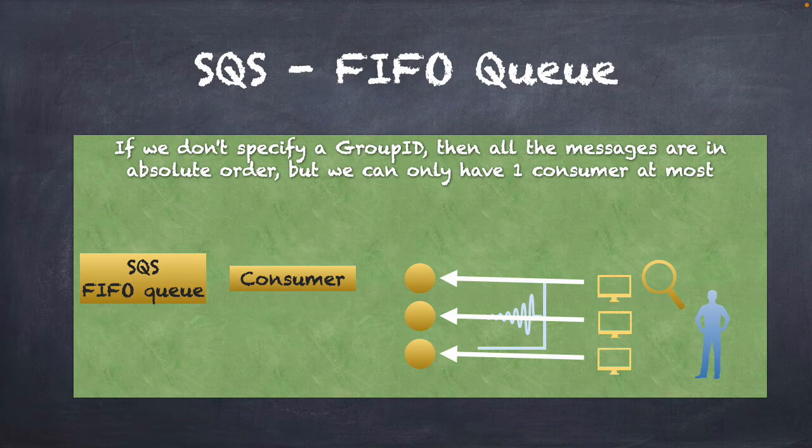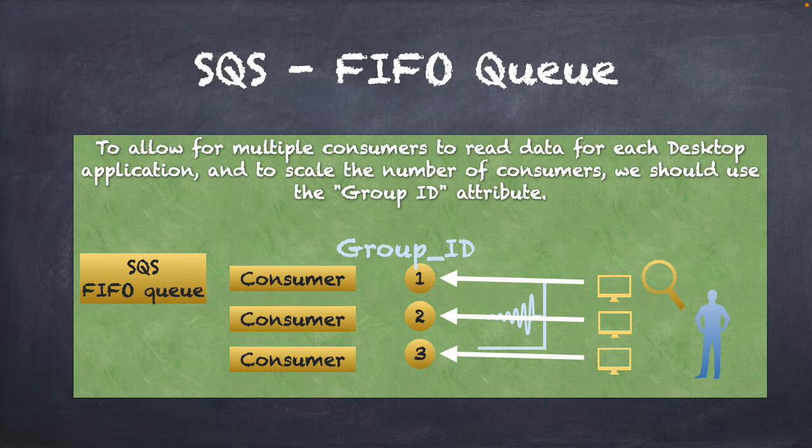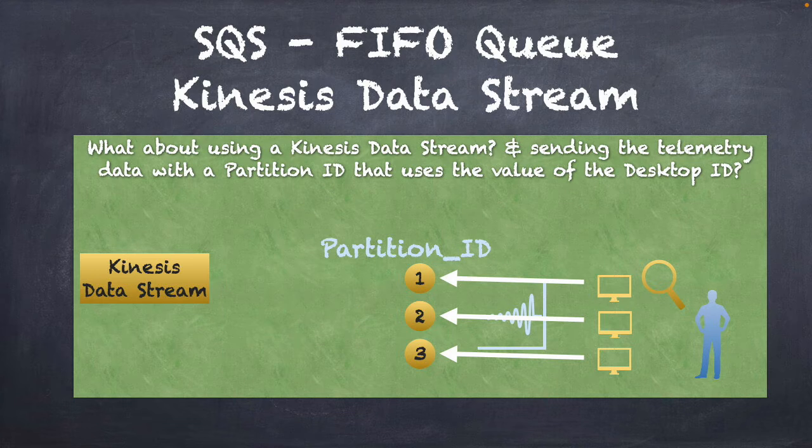So we will only have one consumer if we do not specify the group ID attribute. In order to allow multiple consumers to read data for each desktop application and to scale the number of consumers, what should we do? We should use the group ID attribute.